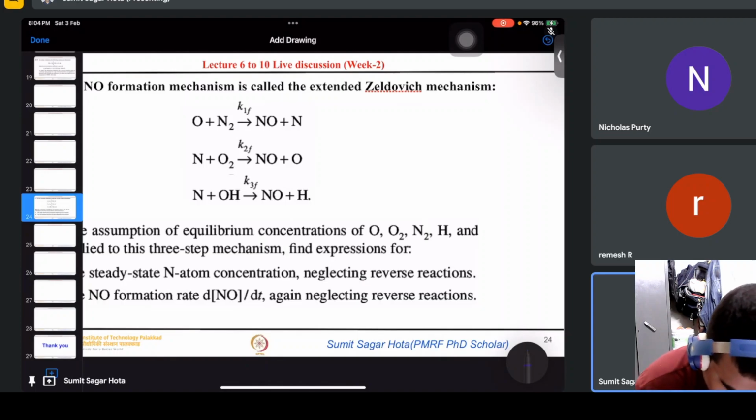That means if the nitrogen atom is a product, write down a plus positive sign. If the nitrogen is a reactant, just put a negative sign. Why? Because when the reaction is proceeding, the nitrogen is forming, so the rate is positive. And when the nitrogen atom is in the reactant, that means the nitrogen atom is consuming. That's the reason.